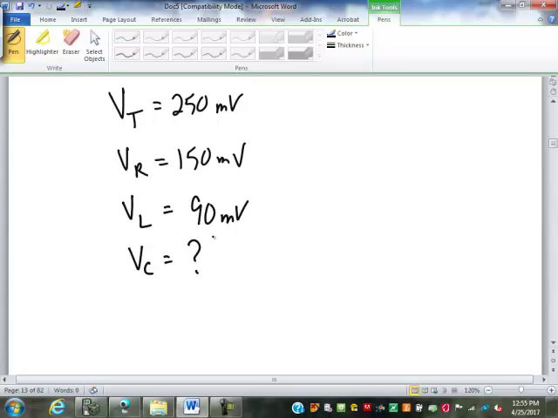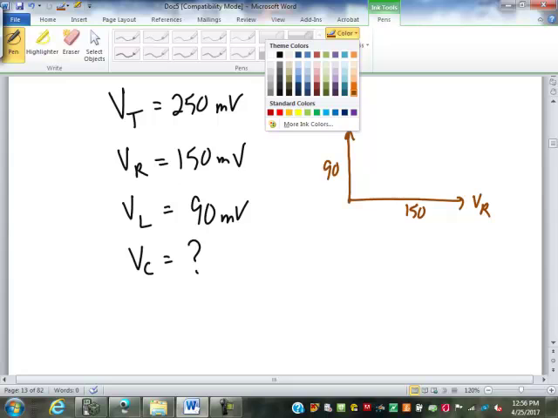Find the voltage across the capacitor. Now you might be wondering, don't I have to tell you which one's bigger, the inductor or the capacitor? Well, you might. Let's take a look. This is 150 here, that's VR. VL is 90. I'm dropping the millivolts just to make the geometry work.